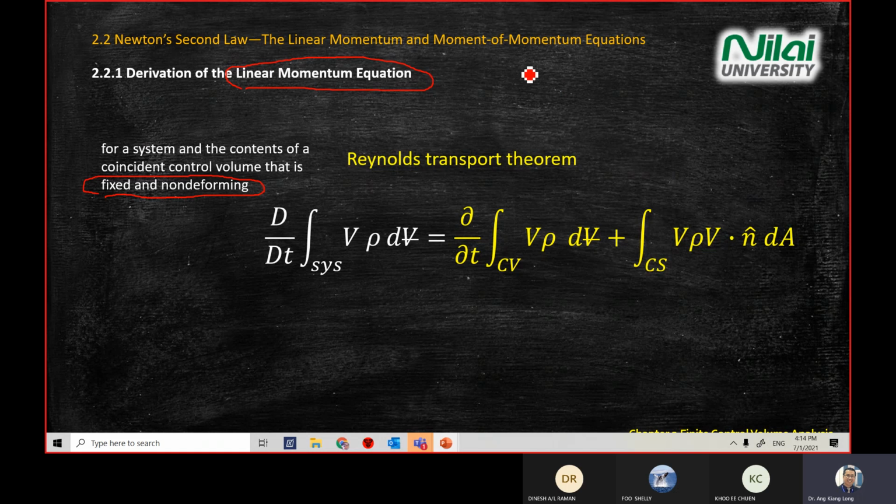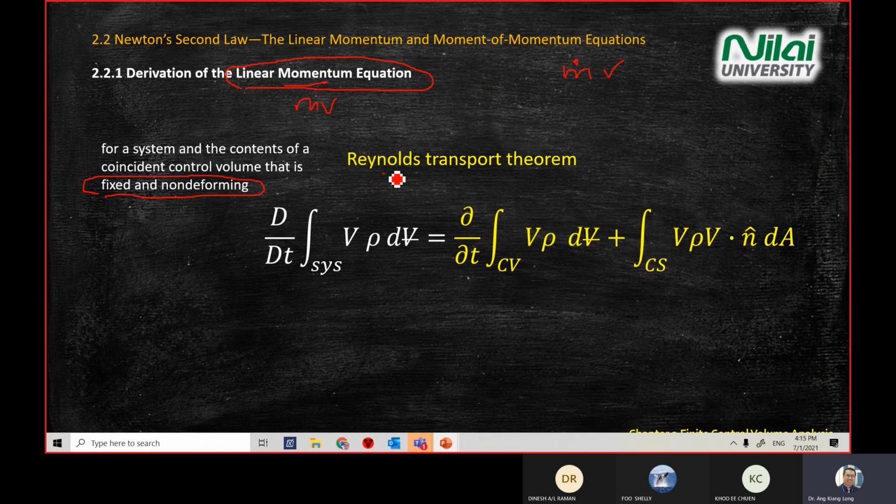The equation previously was the conservation of mass, which is the m dot. This is already done. Now we are dealing with momentum, which is mv. So don't confuse it with our previous equation.